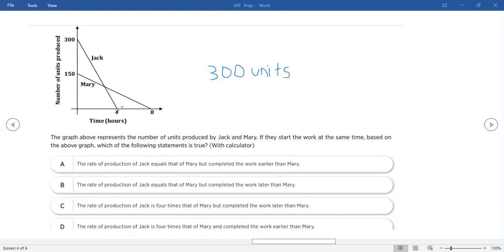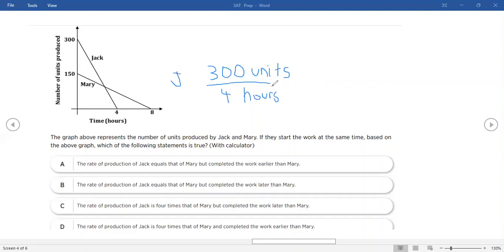And this seems kind of backwards, but you can tell from the graph that he did it in 4 hours, right? Okay, and again, this is Jack's graph right here. We'll call it J for Jack.